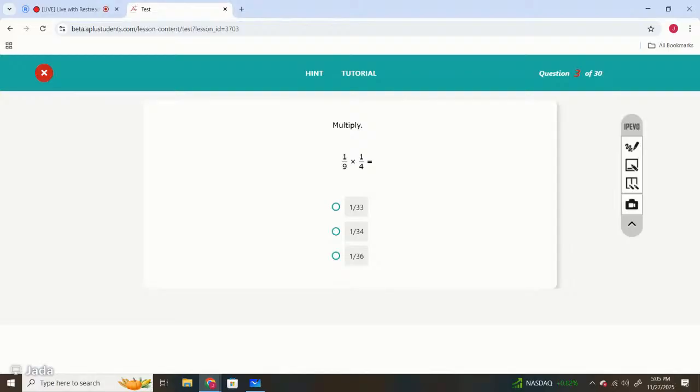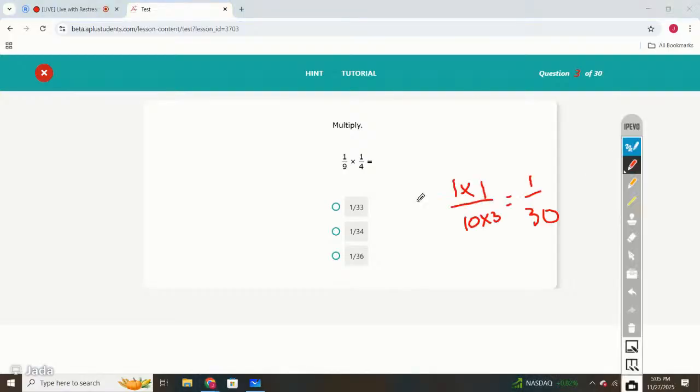1 by 9 times 1 by 4. So which is the correct option? You have to do numerator times numerator and denominator times denominator.